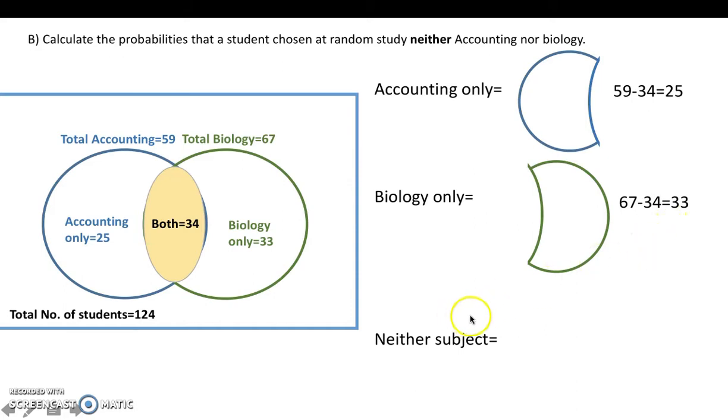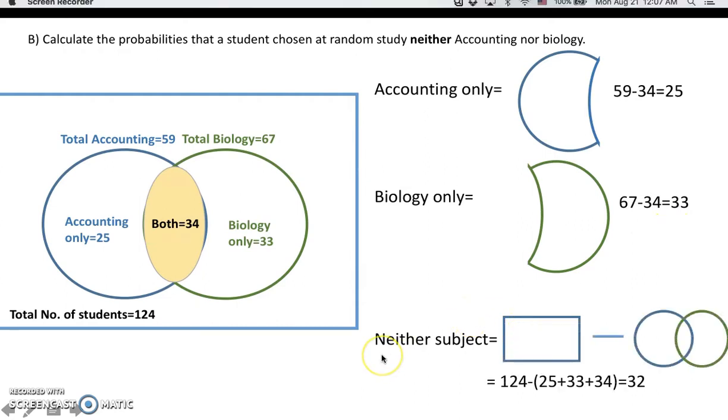For those who study neither subject, we can still use the same method. The total number of students who study neither subject can be represented by the difference between this rectangle and the area of these two circles. The area of the rectangle is 124, which is the total number of students, and the area of these two circles can be represented by three different parts.